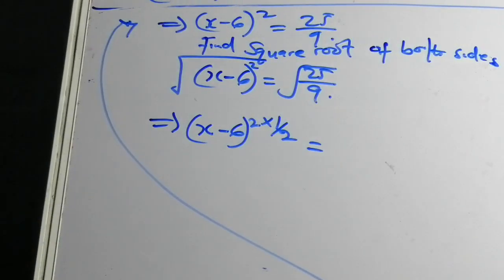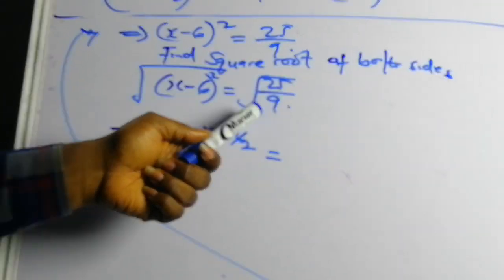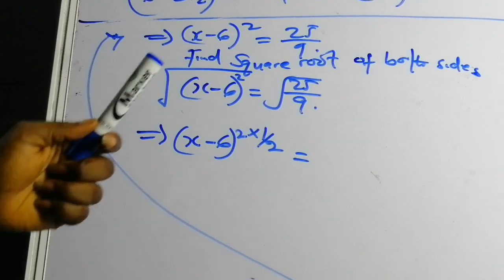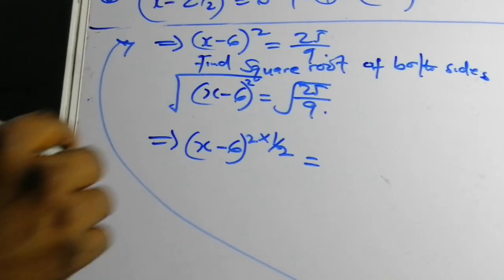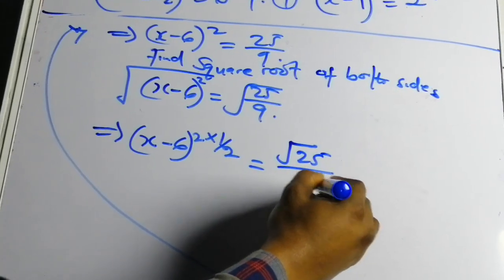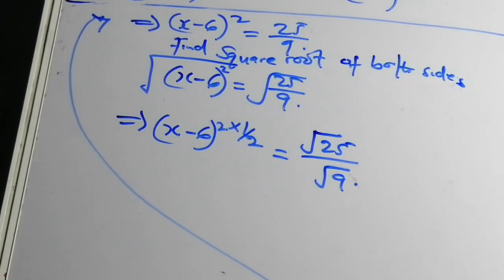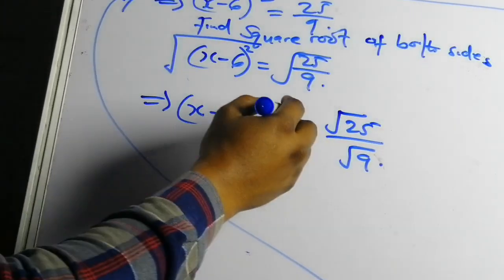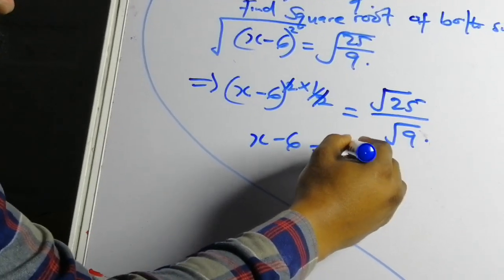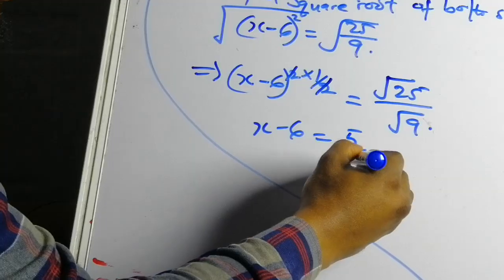I've mentioned the multiplication law under short form, and we also have the division law. So I can split this into root 25 over root 9. Now the 2 will cancel the square root, and we have x minus 6 equals 5 over 3.